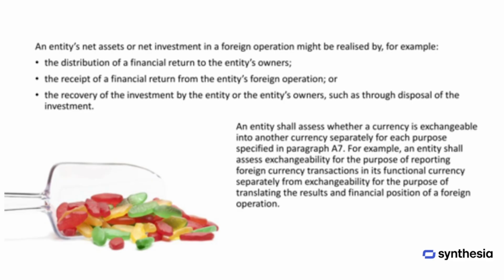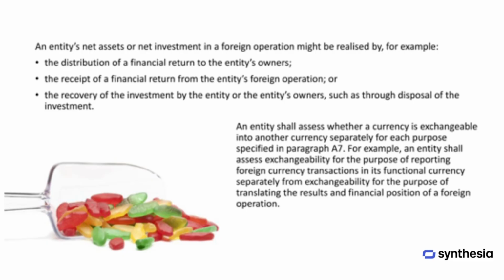Realizing net assets or net investments. An entity's net assets or its net investment in a foreign operation can be realized in different ways. For example, through the distribution of financial returns to the entity's owners, by receiving financial returns from the foreign operation itself, or by recovering the investment either directly or by the owners, such as by selling off the investment.